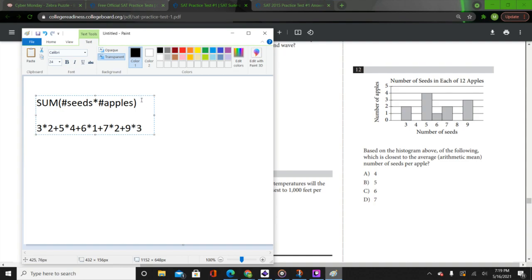Oh, and I forgot one of the most important parts. Divide that by 12.